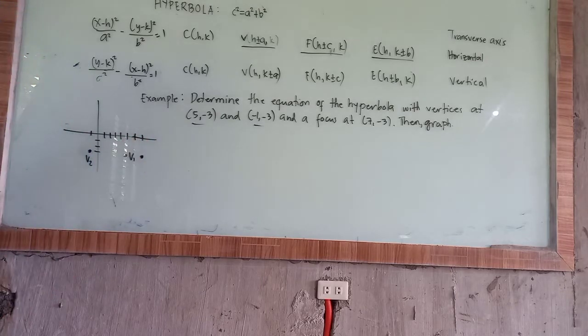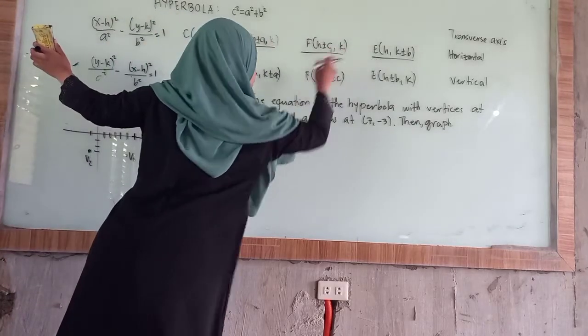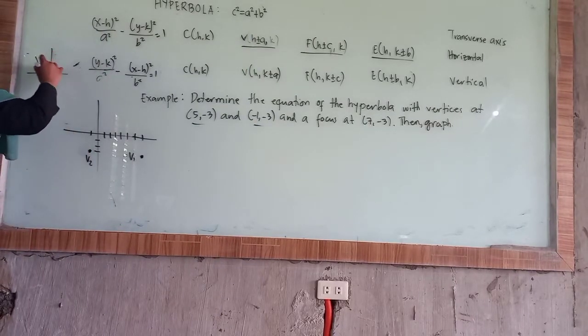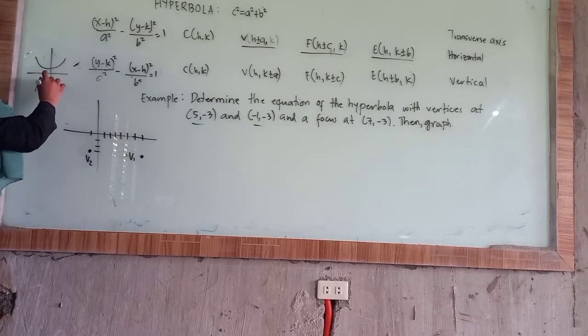So, makikita nyo class, sa hyperbola, always magka-align yung vertices natin together with the center at saka yung foci. Ang hindi lang nila ka-align ay yung endpoints. Kasi if I have a parabola like this one, for example, I have that parabola.